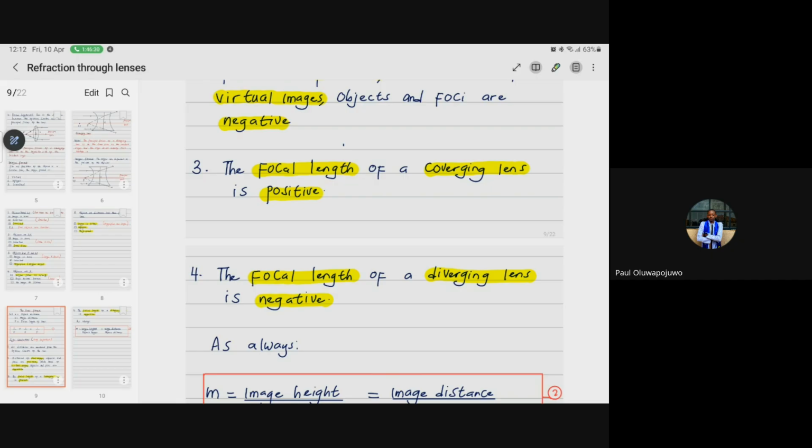Can you send that to the group? All right, sir. So let me see it. Then let me look at our textbook as well. Yeah, so we can verify some things.